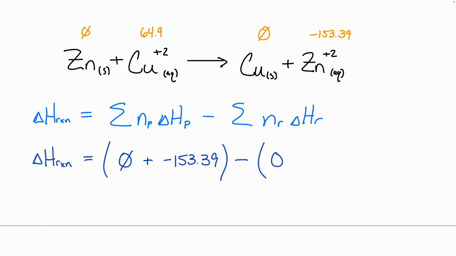I'm going to put both of these in parentheses so that I don't mess up my order of operations. You can actually get away with it on the product side, but on the reactant side, you need this negative sign to be distributed inside those parentheses for your order of operations to be correct.